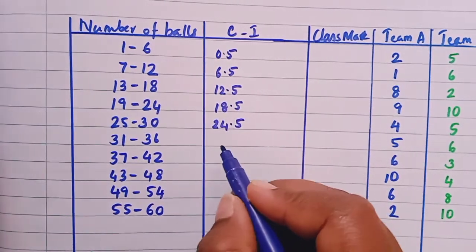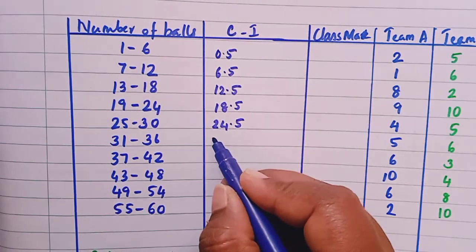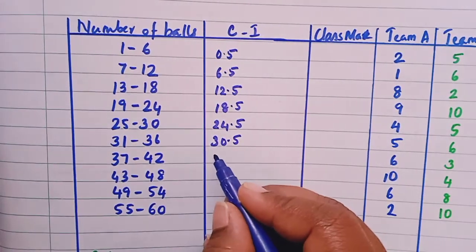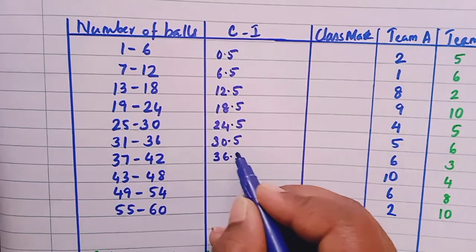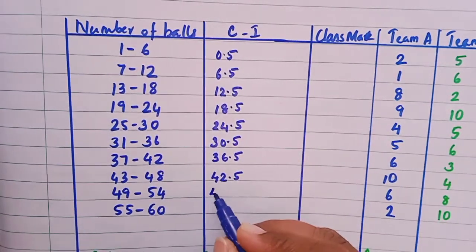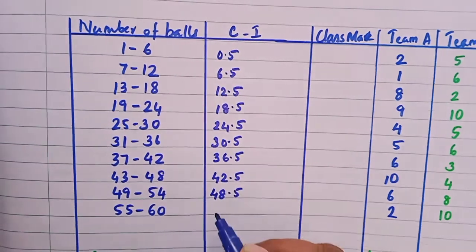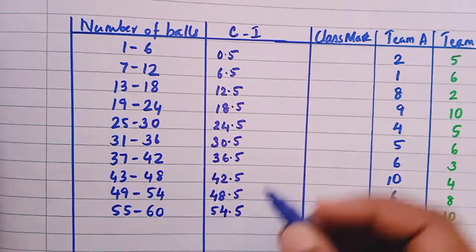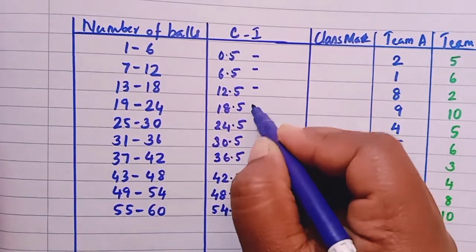Lower limit is nothing but the first numbers present in this first column. So it is here 42.5, 48.5 and 54.5. Now let's see what we have to do for the upper limit.